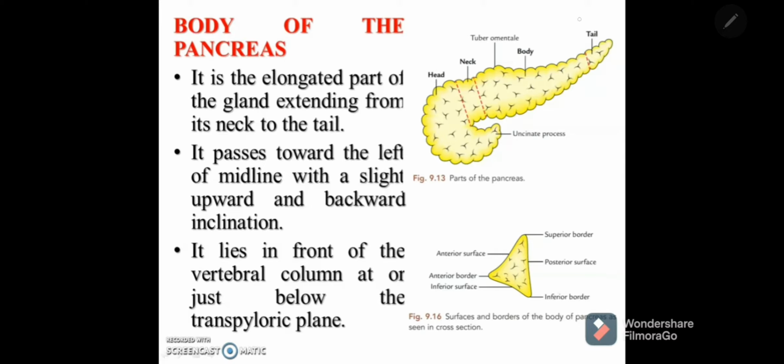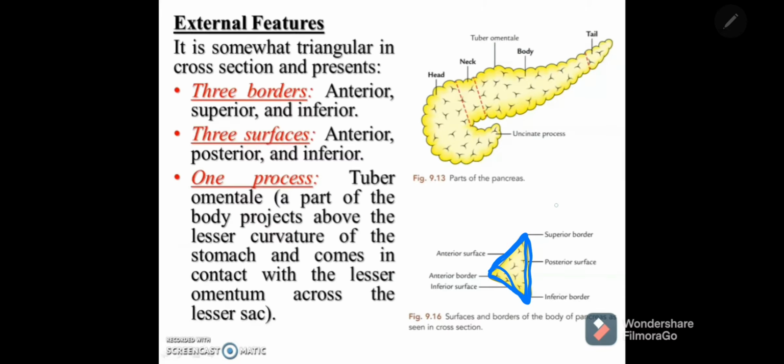So these surrounding organs compress it and give a shape of prism on cross section, having three borders, superior, inferior and anterior, three surfaces, anterosuperior surface, anteroinferior surface and posterior surface, which is tethered to the posterior abdominal wall. So it presents three borders, three surfaces and one process that is called the tuber omentale.